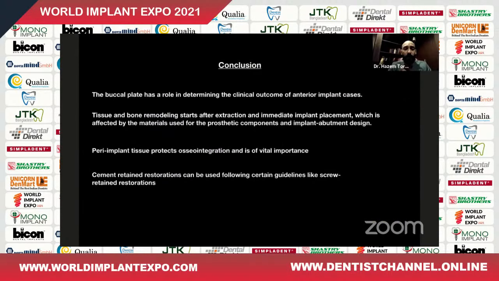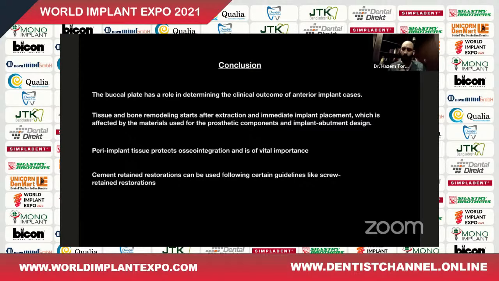And in order for us to have a clear conclusion of what we talked about today, we talked about the buccal plate and how it has a role in determining the clinical outcome of an anterior implant case, and how a thin buccal plate might affect our outcome, and a thick buccal plate, how do we deal with it?